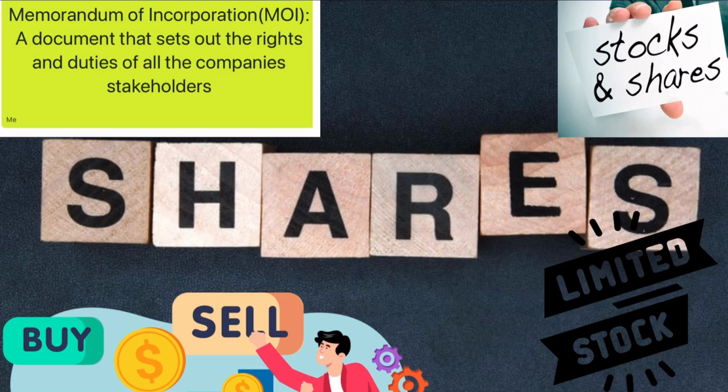And the thing is, there's actually what we call issued share capital, which is the number of shares that have actually been issued out and are different from the authorized share capital. So the authorized share capital is the maximum, while the issued share capital are those that are actually issued out.